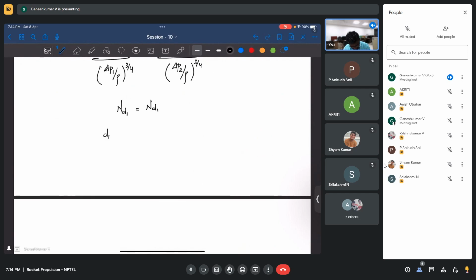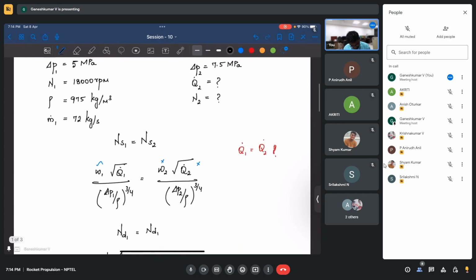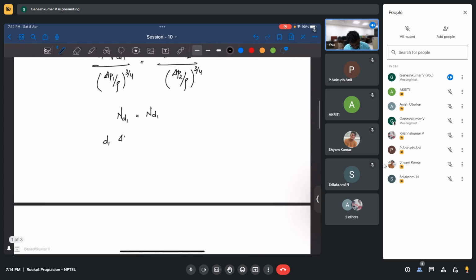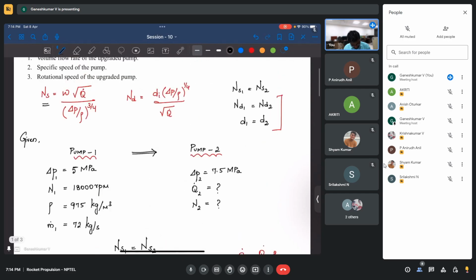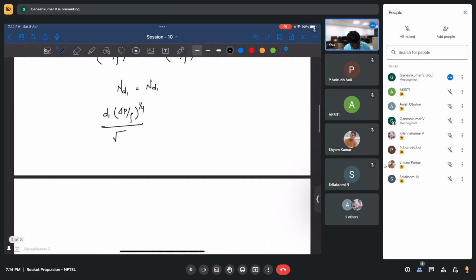It's going to be D1 times (delta P by rho) power 1 by 4 divided by square root of Q dot 1. And similarly, this must be 2: diameter 2 times (delta P2 by rho) power 1 by 4 divided by square root of Q dot 2.